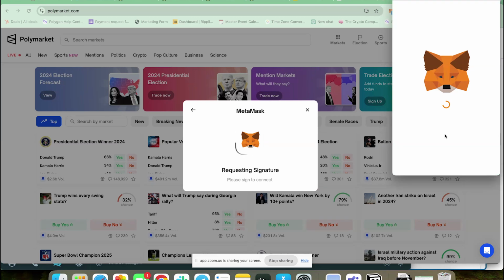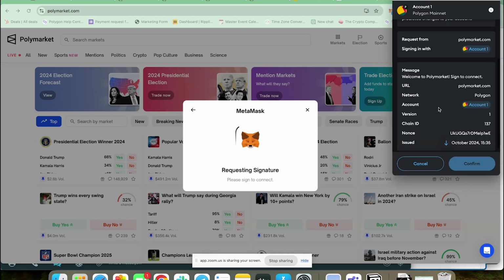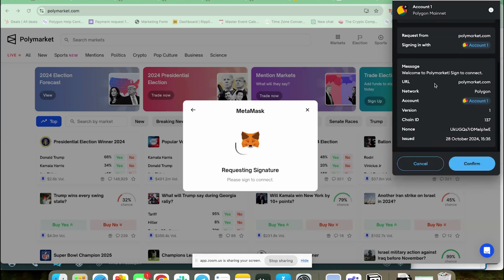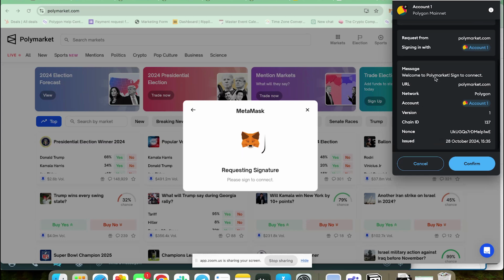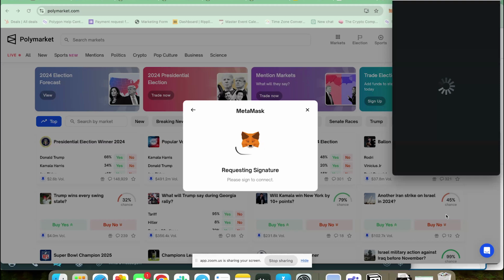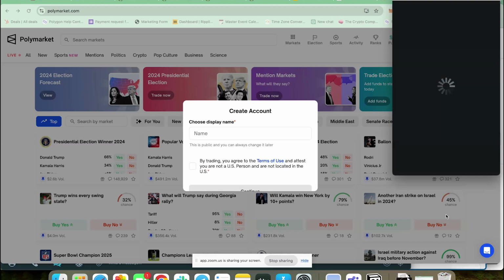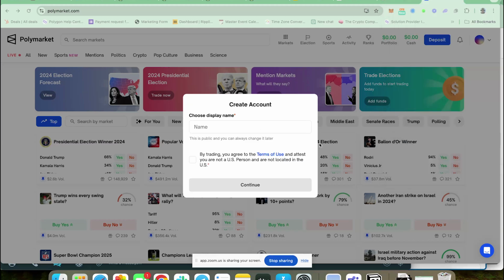Boom, as it is the first time I'm connected from this computer on Polymarket, because I use it on the phone, it tells me who they are, and I say okay, confirm. I trust Polymarket. And then I say, okay, my name is Manu.